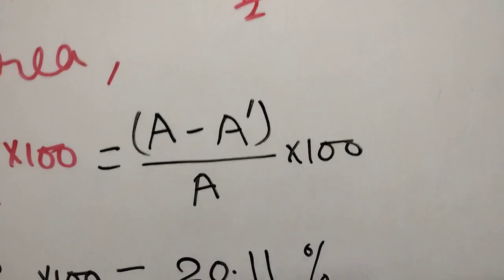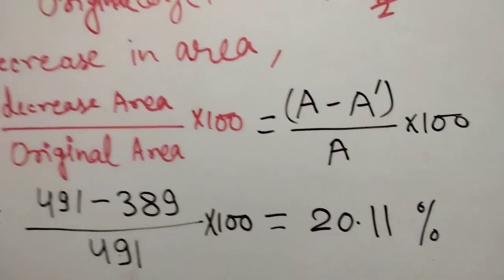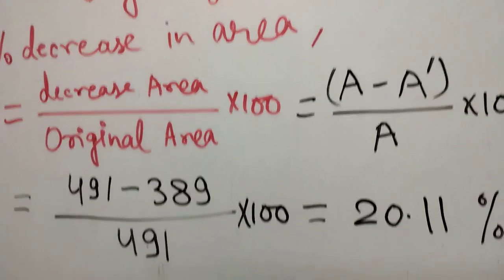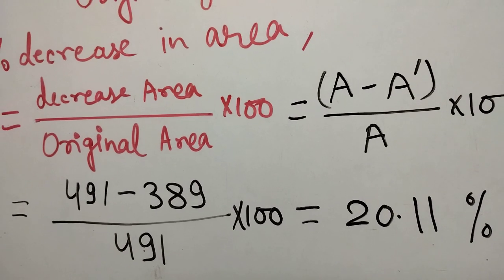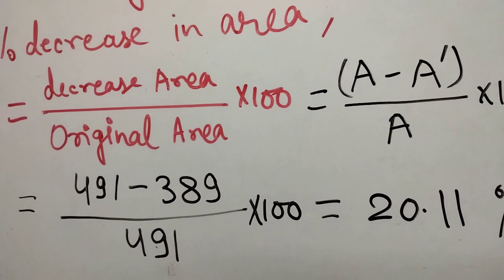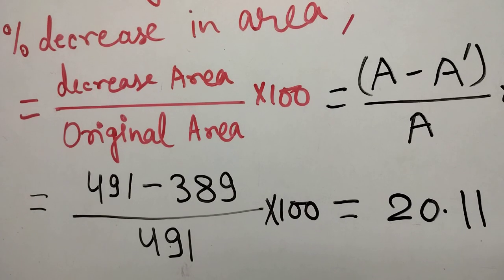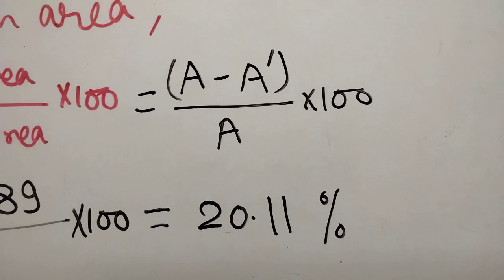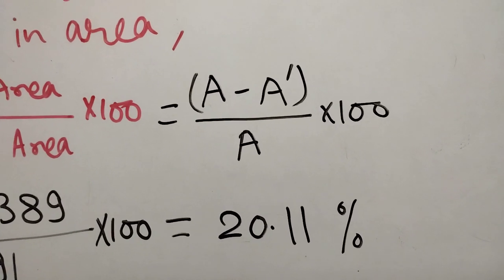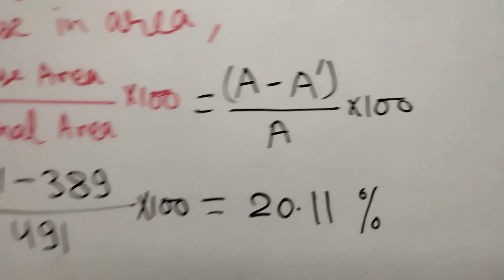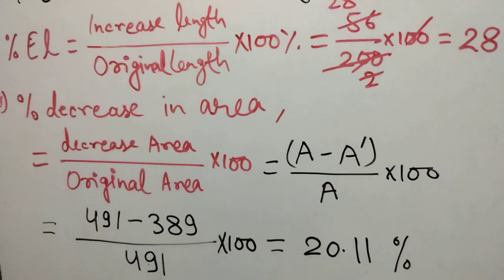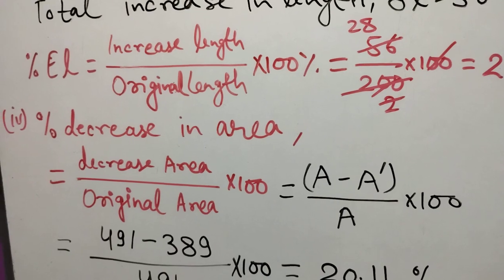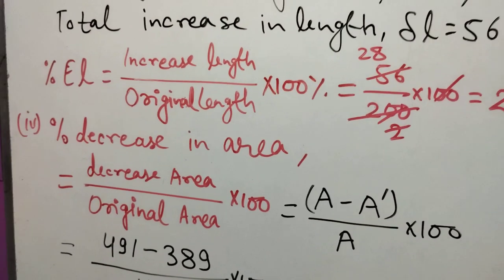Therefore, 491 minus 389 divided by original area 491 into 100. We get the percentage reduction in area as 20.77 percent, which is the reduction in area at failure of the mild steel bar.